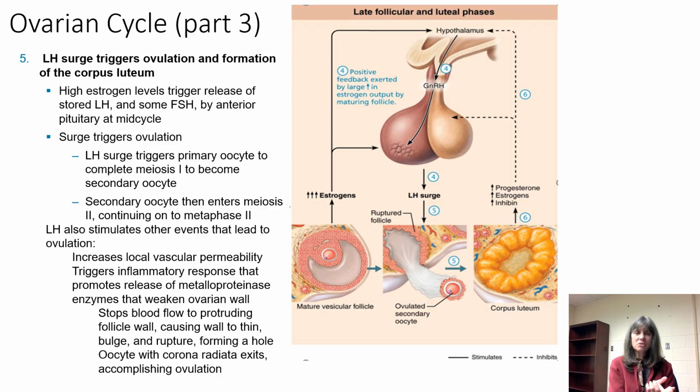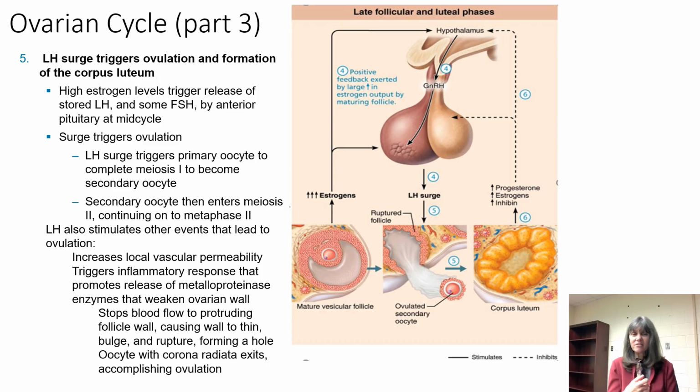The luteinizing hormone surge triggers the primary oocyte to complete meiosis 1 to become the secondary oocyte. The secondary oocyte then enters meiosis 2, continuing on to metaphase 2. Remember, it's arrested in metaphase 2 unless it is penetrated by a spermatocyte. The luteinizing hormone also stimulates other events that lead to ovulation, including an increase in local vascular permeability.